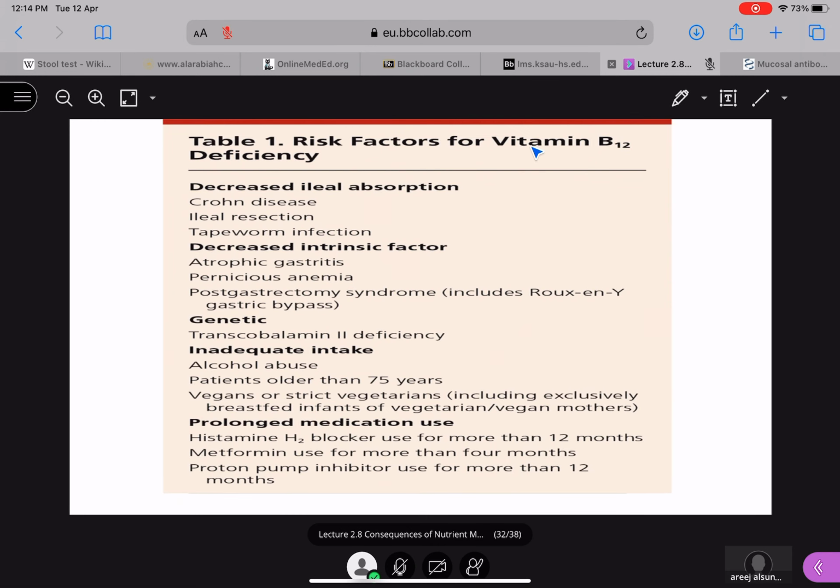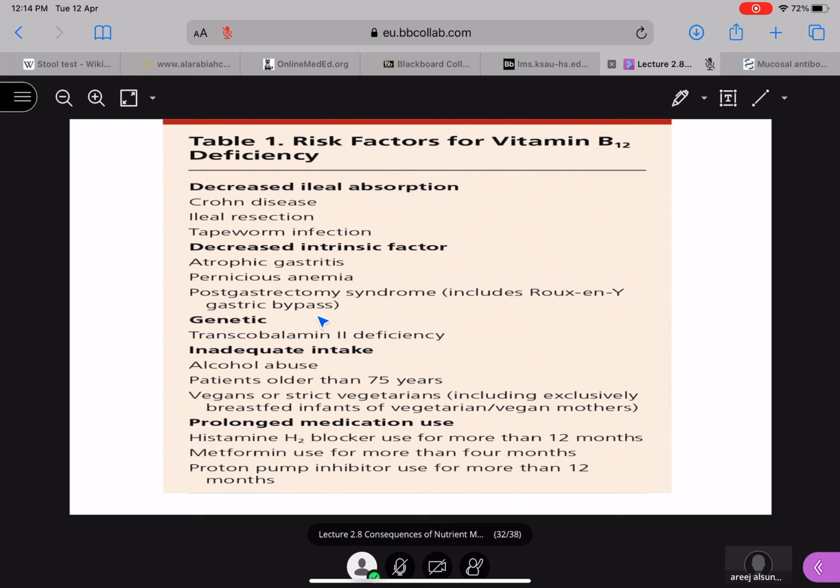So what are the risk factors of B12 deficiency? As we said, the absorption is in the ileum. So if there is an ileal disease, like Crohn's disease or ileal resection, there will be B12 deficiency. And if there is a decrease in intrinsic factor, such as atrophic gastritis, where there are no parietal cells to secrete intrinsic factor, pernicious anemia, or if we remove the stomach totally.